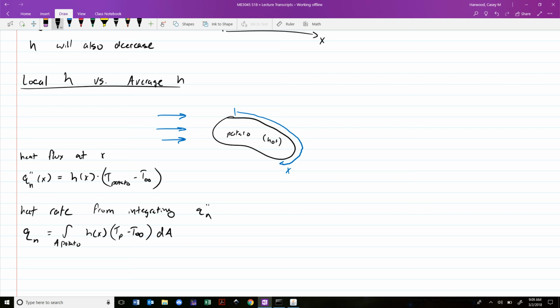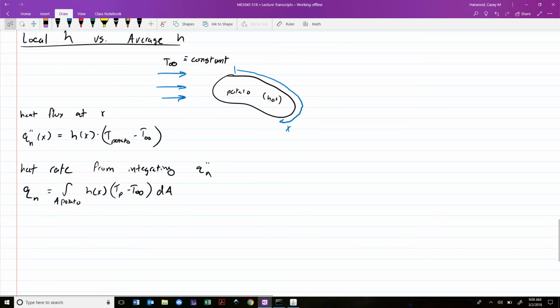Now, because we said that this is at some constant temperature, T potato, and that the fluid has some constant temperature, T infinity, we can pull those terms outside of the integral, and we end up with q equals (Tp minus T infinity) times the integral over A of hx dA, or (Tp minus T infinity) times h bar.